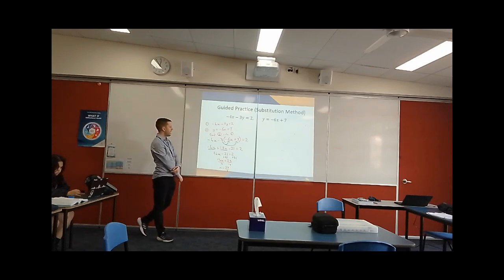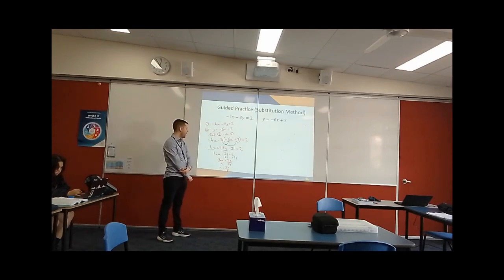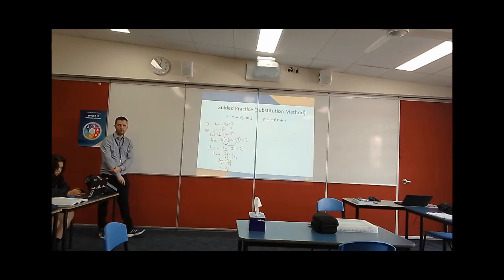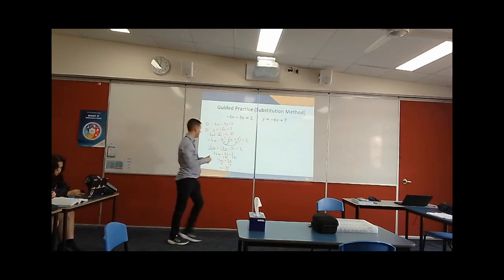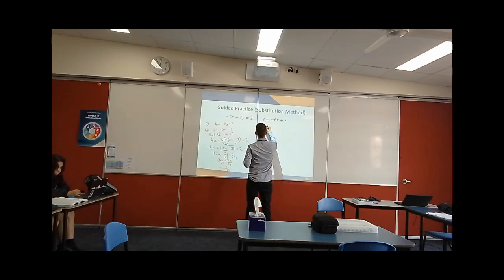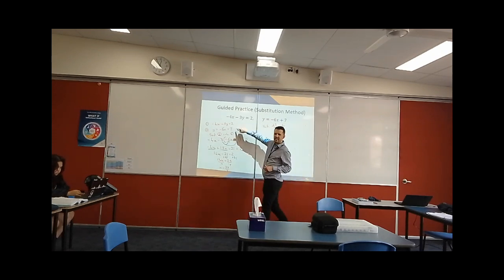So now we've done that, the next step is going to be to substitute it into the equation. I'm going to substitute 23 over 14 into, what's the easiest one? This one here, 2?